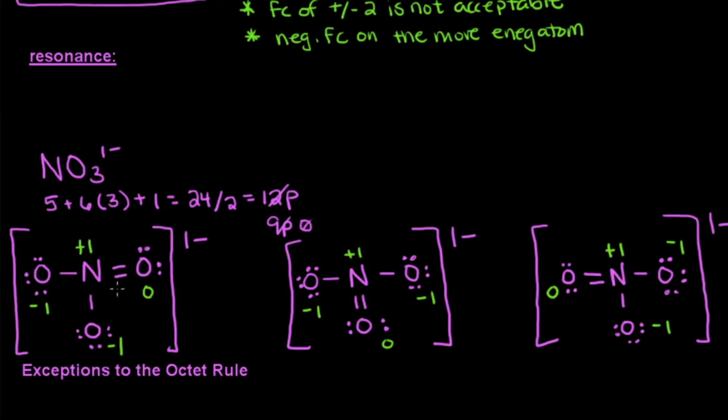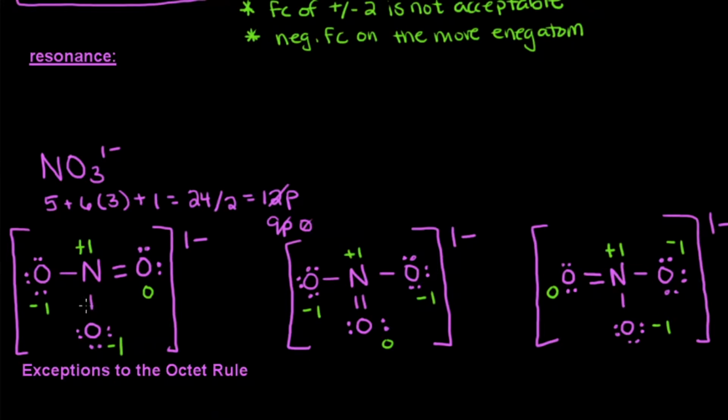It turns out that that shared pair in the double bond spends equal amounts of time between each of the 3 oxygens. Remember, electrons are moving, right? In fact, what's going on in this molecule is that double bond is spread out or delocalized over 3 locations. You could think about those electrons as resonating between 3 locations.